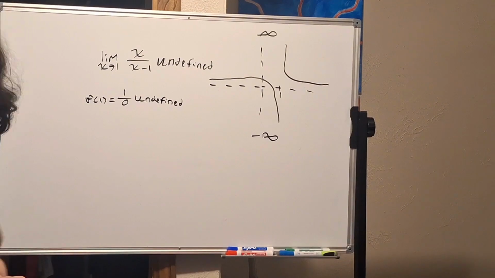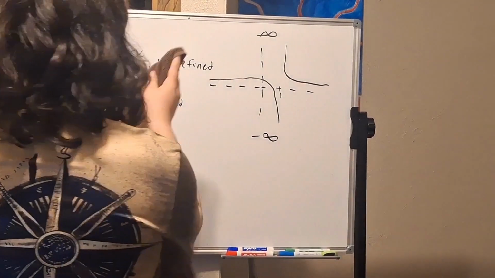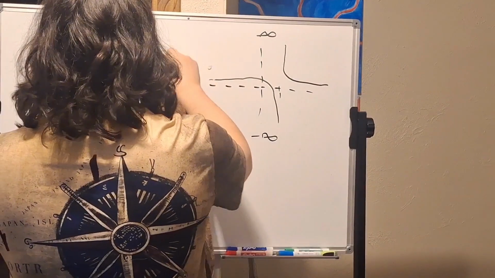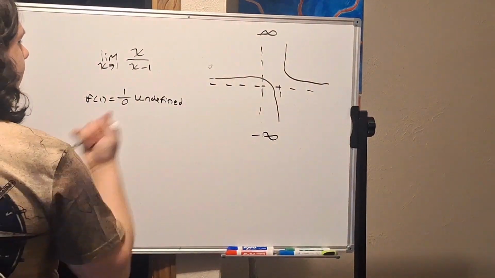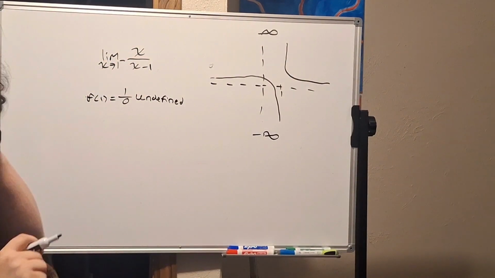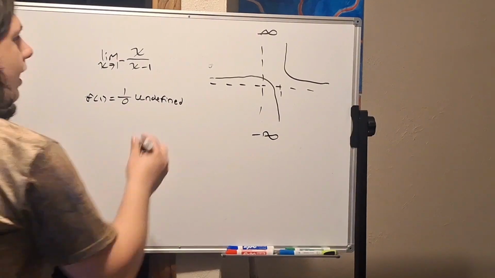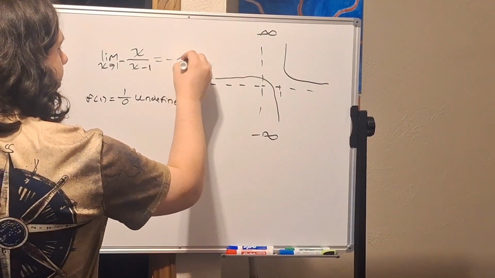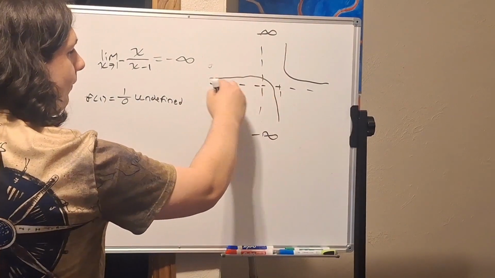Now, very important thing, if I erase this, let's say we did want to do the limit as it approaches from the left, which is denoted by this little superscript here, kind of like a thing that looks like a power. Well, that would be negative infinity, as the limit as it approaches 1 from the left side.